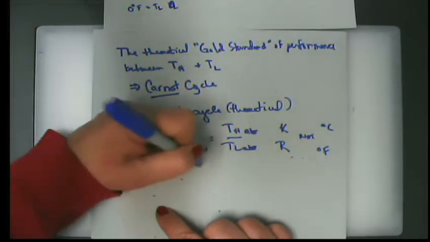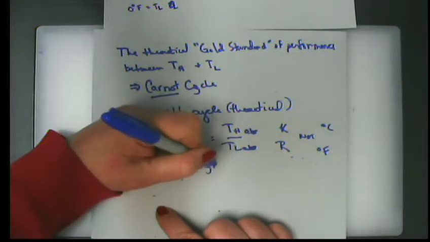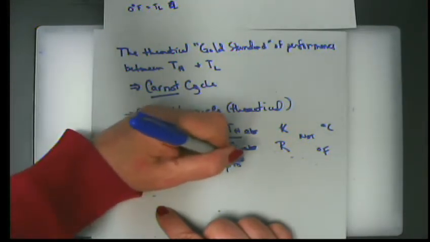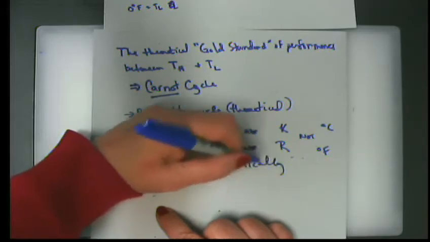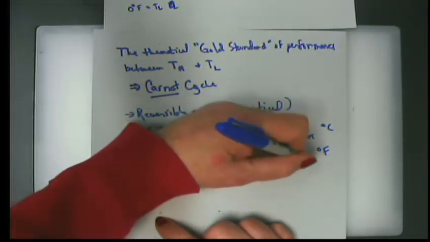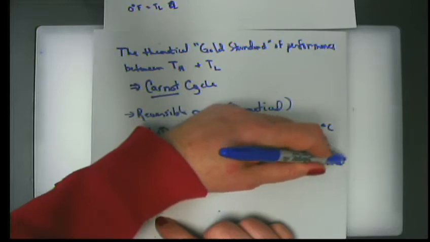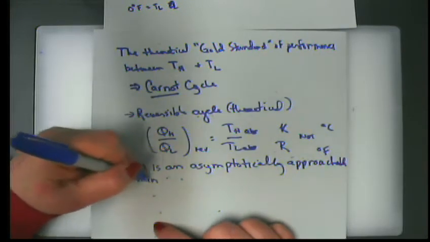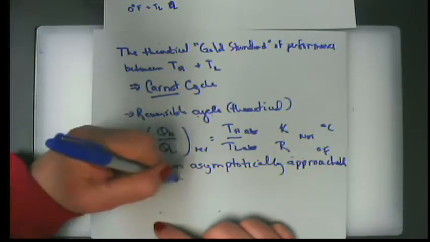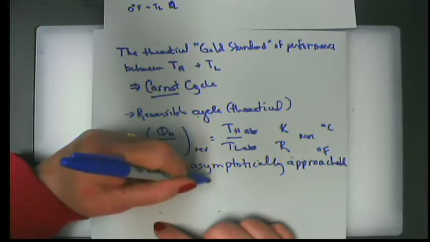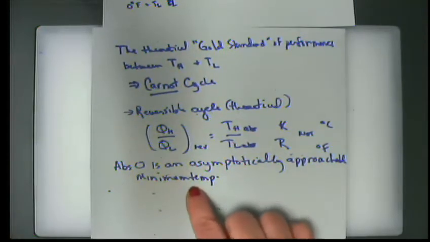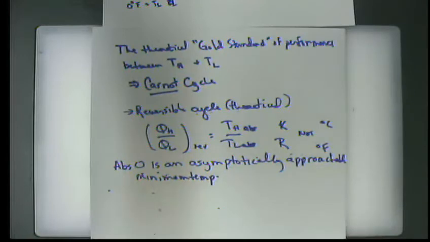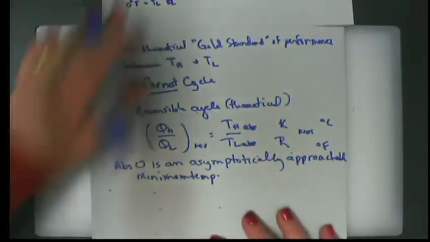But what you can take away from it is that 0 degrees Kelvin, 0 degrees Rankine, absolute zero is an asymptotically approachable minimum temperature. So if you listen to science fiction, sometimes they'll say all molecular energy stops at absolute zero. That's not entirely true, but it is at a minimum.